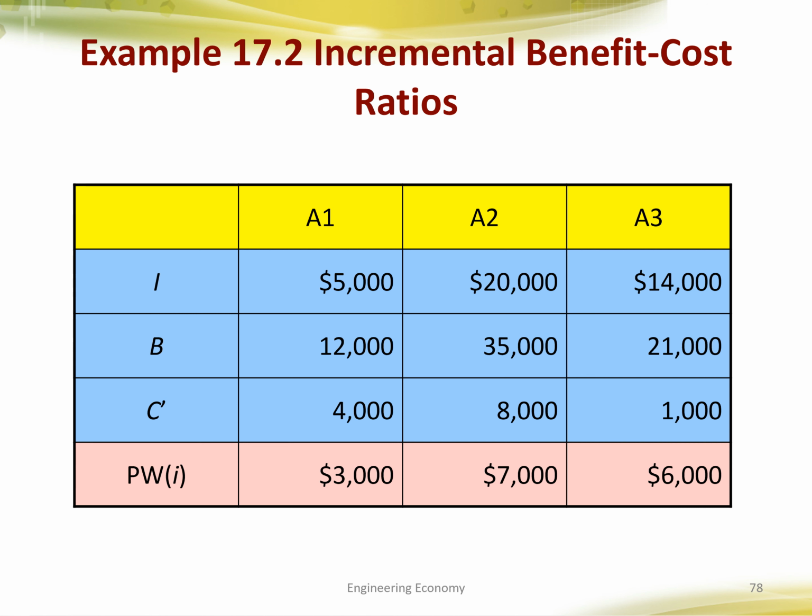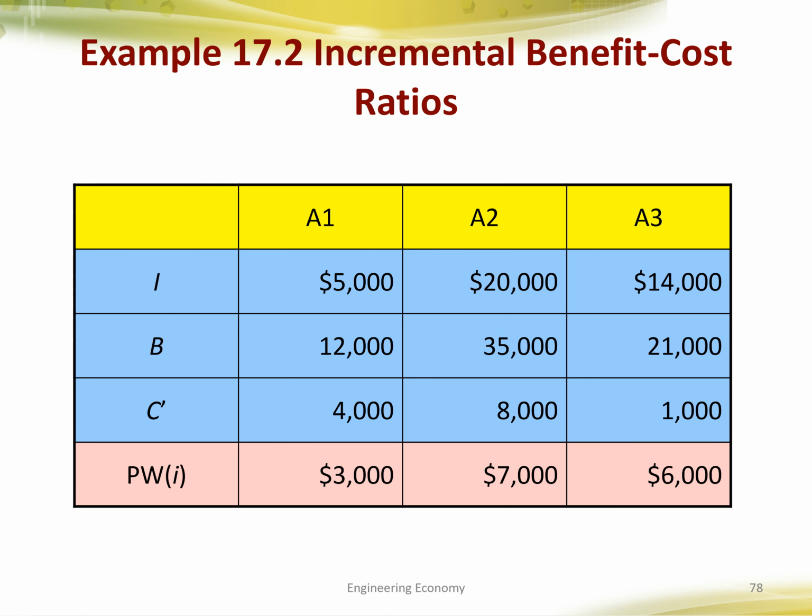What we need to do is to determine which alternative will be the best. Before conducting this incremental benefit cost ratio analysis, when we look at the present worth, I think all of you can probably say that, based on the earlier derivation, we know benefit cost analysis can be converted to present worth analysis.